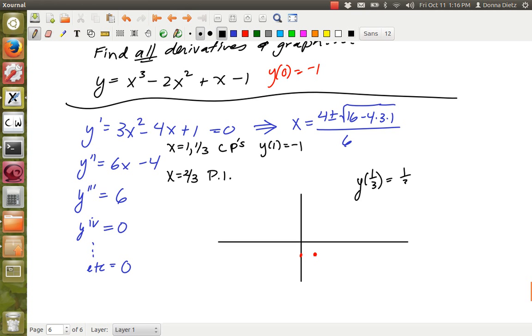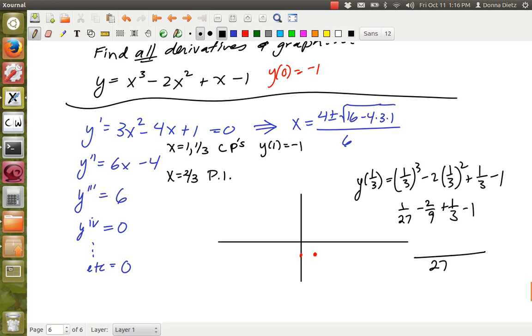So we have 1/3 cubed minus 2 times 1/3 squared plus 1/3 minus 1. Alright, so that's a pain. You can use your calculator if you like. I don't care if it's just a numeric approximation. That's totally fine by me. But I feel obligated to go ahead and do these fractions.